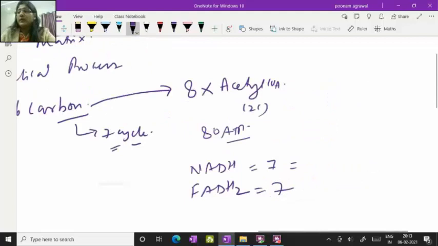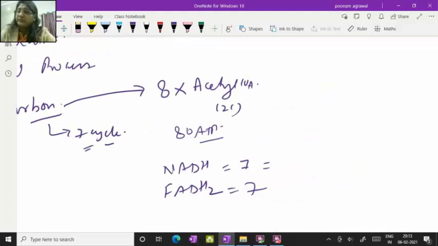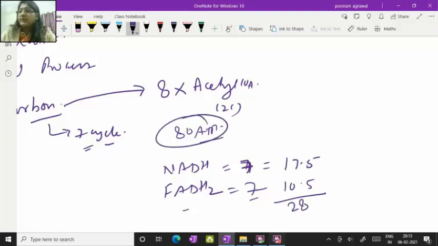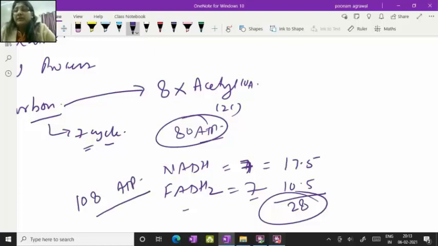That again gives you ATP in the electron transport chain. So 7 NADH, 7 into 2.5, that's 17.5, and 7 into 1.5, that's 10.5. So this is going to be 28. So 80 plus 28 is 108 ATP generated from complete beta oxidation of the 16 carbon fatty acid.